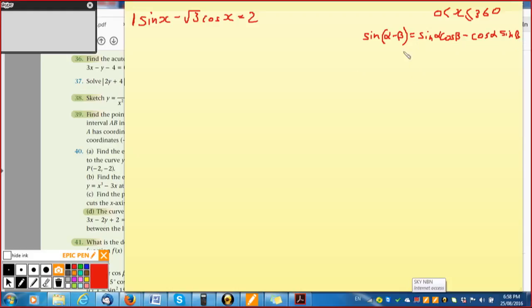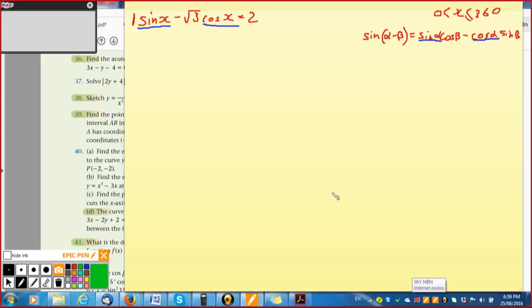Yeah. All right. So in this case, what we want to do is make that bit equal to that bit. We want to make that bit equal to that bit. Does that make sense? Yeah.